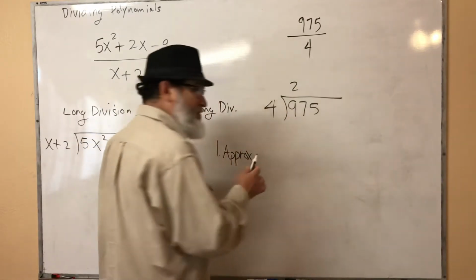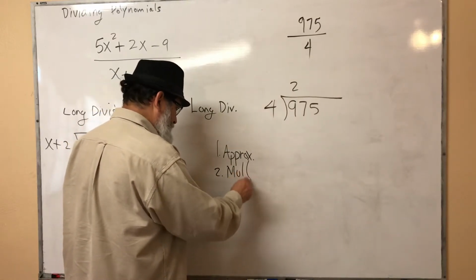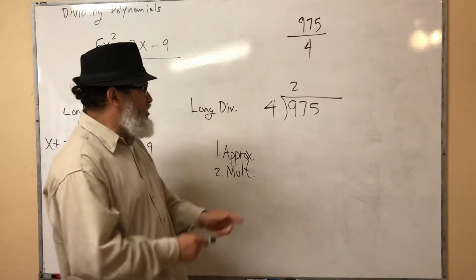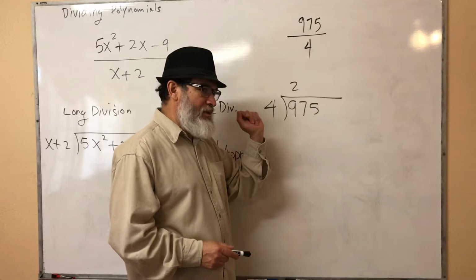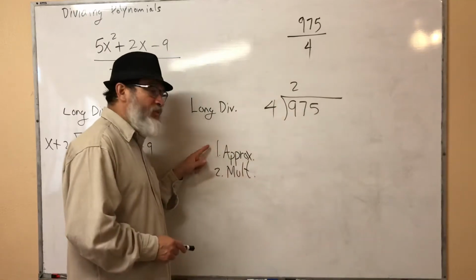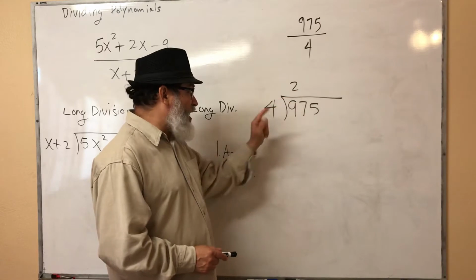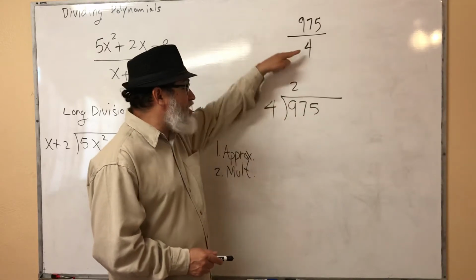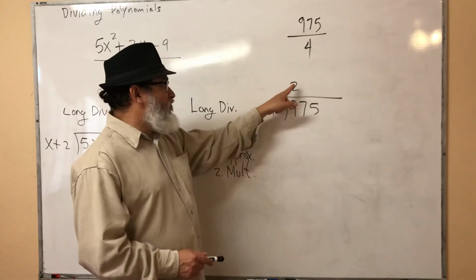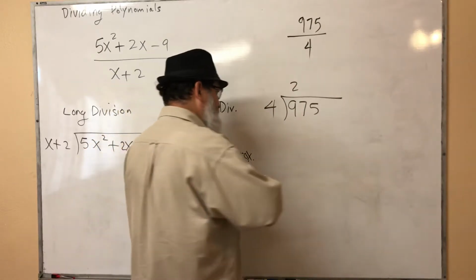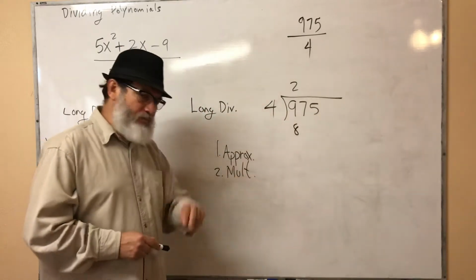And then step number 2, we multiply. We multiply the approximation times the denominator. That 4 is the denominator, look. So we multiply. 2 times 4 is 8. That's your step number 2.